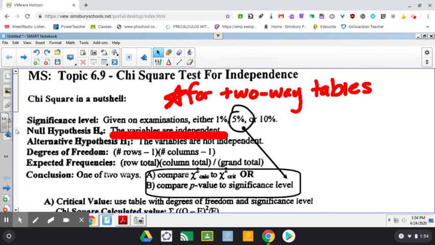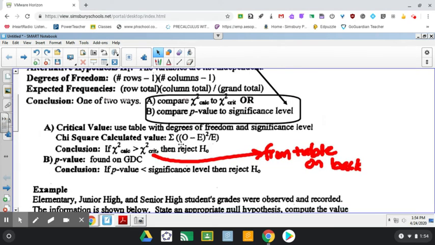Okay, moving on. Critical values. So you use the table that I showed you, or you can use your graphing calculator. The chi-squared calculated is the same formula that you guys had before. So that's not going to be new, but how we get the expected value is new. So that's the big difference.